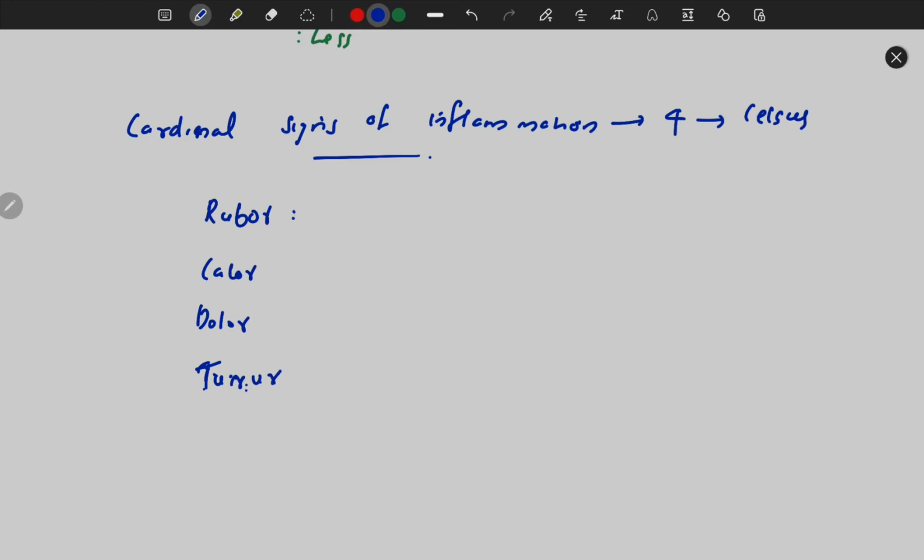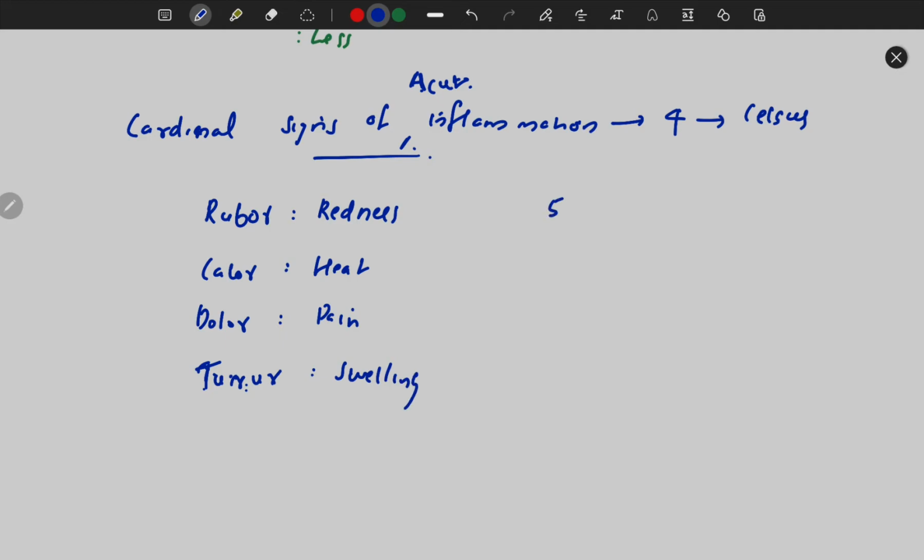Rubor means at the site of inflammation there will be redness. So these are the four cardinal signs of acute inflammation. Calor means heat. Dolor means there will be pain, and tumor means swelling.